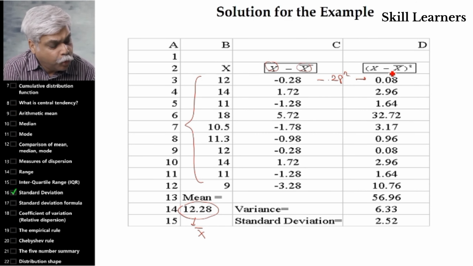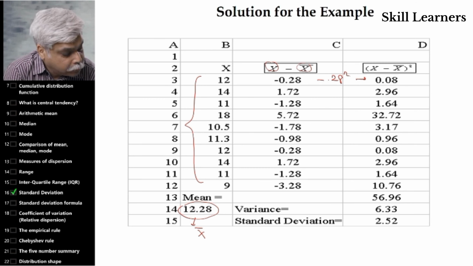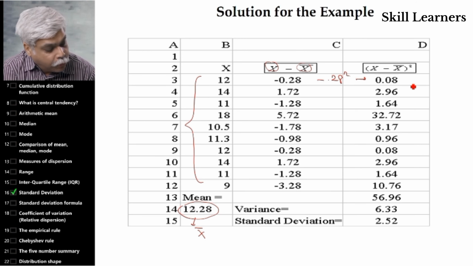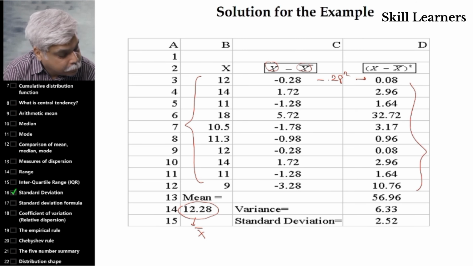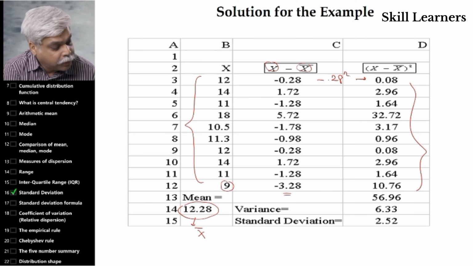So I calculate the squared dispersion from the average, the squared difference from the average. I do that for all my 10 numbers. For example, my smallest number 9 is more than 3 units away from 12.28, which gives a squared dispersion of more than 10.